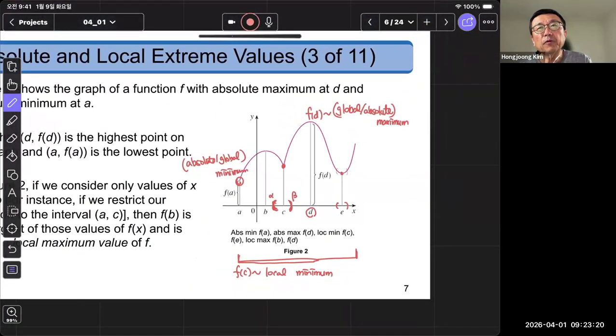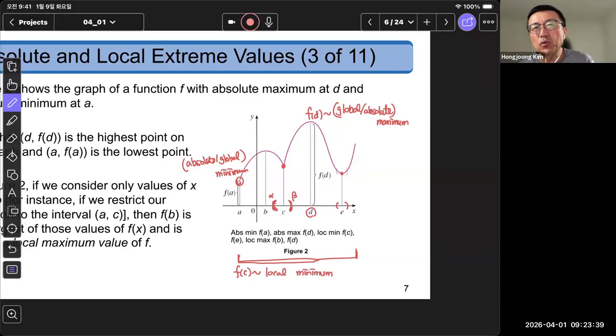So if you can find such an interval, and on that interval the value of the function at a certain point is the smallest value, then we call such a point a local minimum.